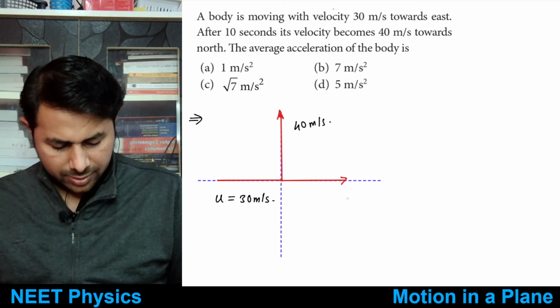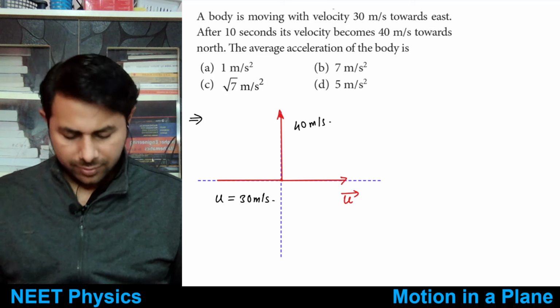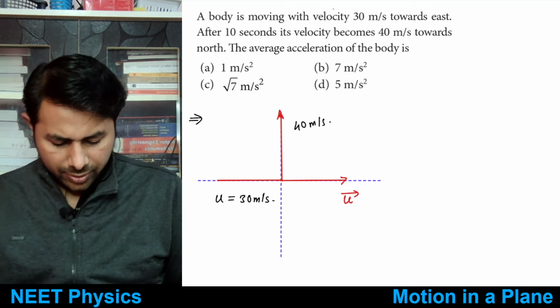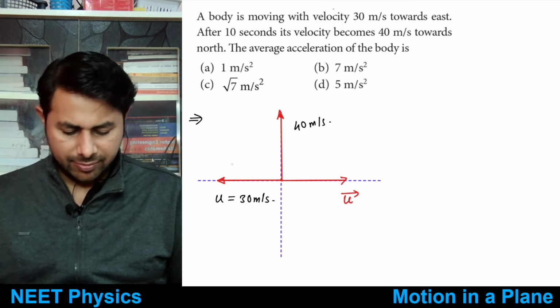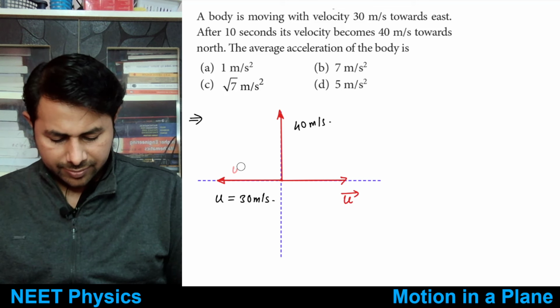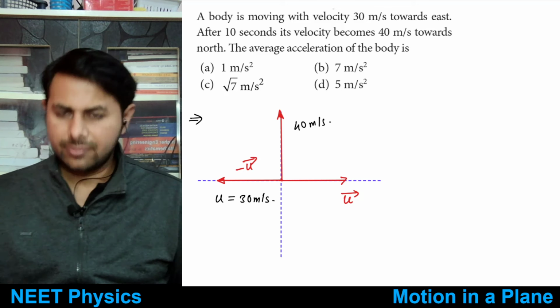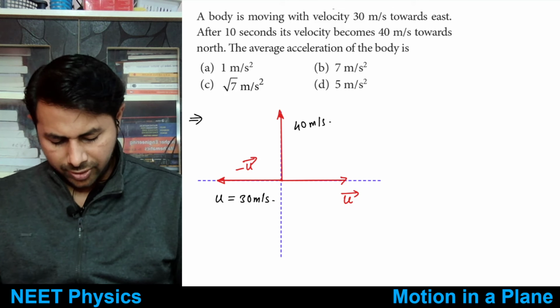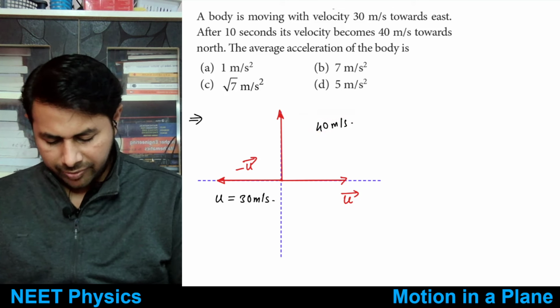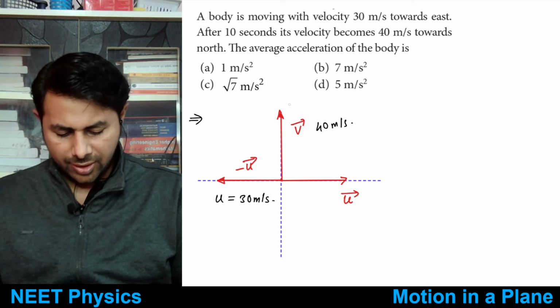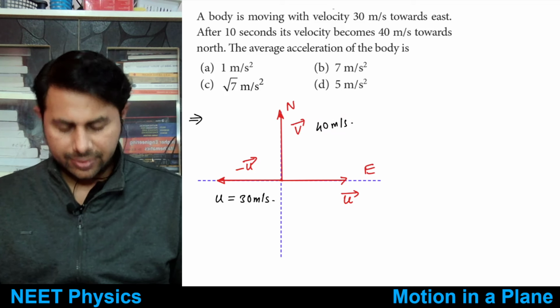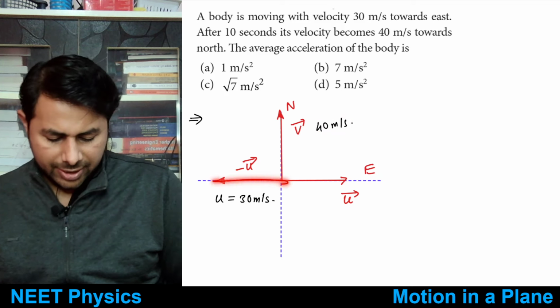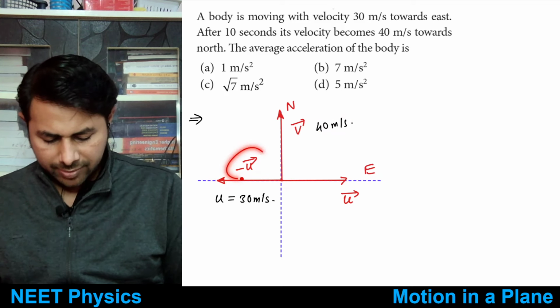This is my u bar. Okay, so if I want to take minus u bar, it will be directed like this. Okay, and this is my v bar, 40 meters per second. This is my v bar, it's in north direction, this is in east direction, right? So this is minus u bar.